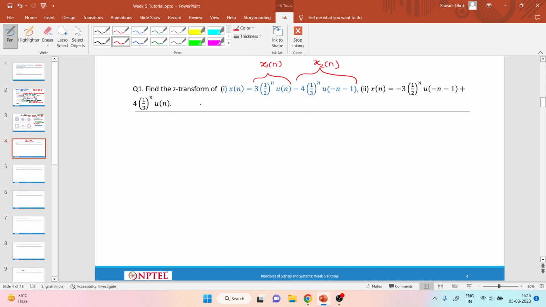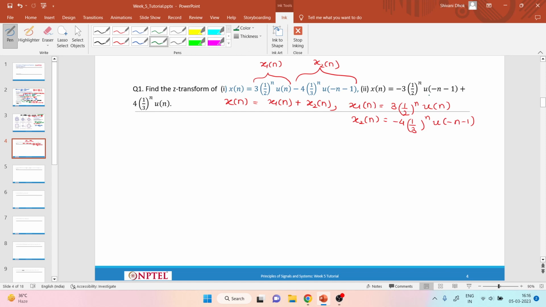So what I am considering is x of n is equal to x1 of n plus x2 of n, where x1 of n is equal to 3 into 1 by 2 power n into u of n, and x2 of n is equal to minus 4 into 1 by 3 power n into u of minus n minus 1.